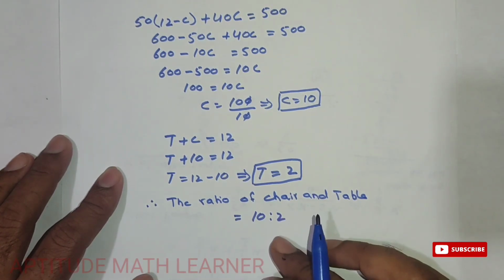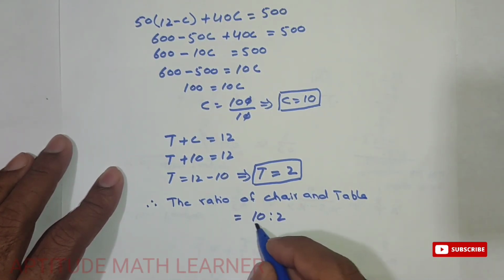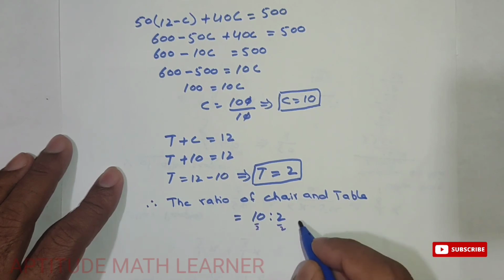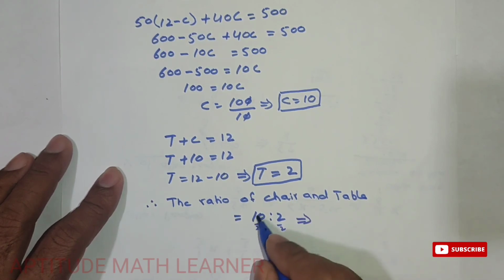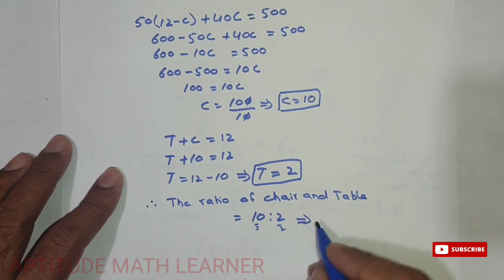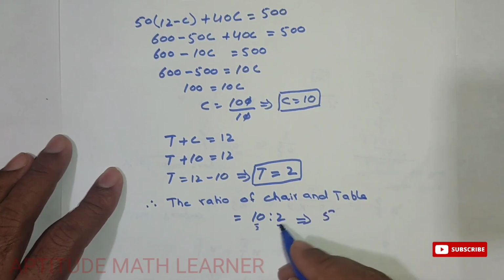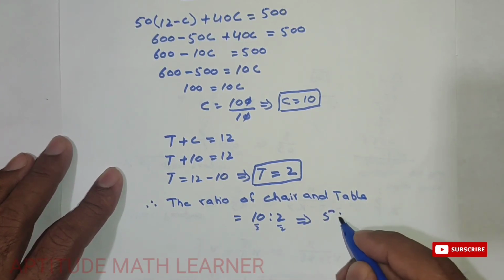If we further solve it and divide both by 2, we get 10 divided by 2, that is 5, and 2 divided by 2, that is 1.